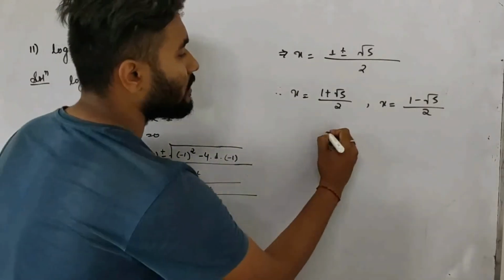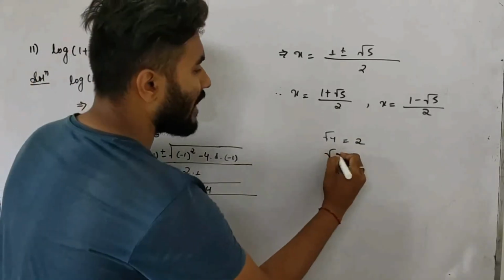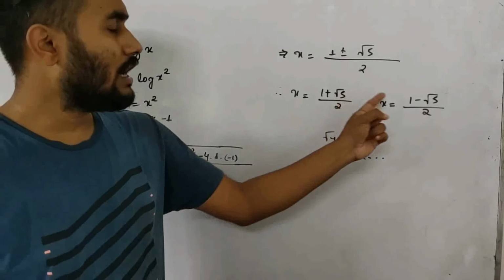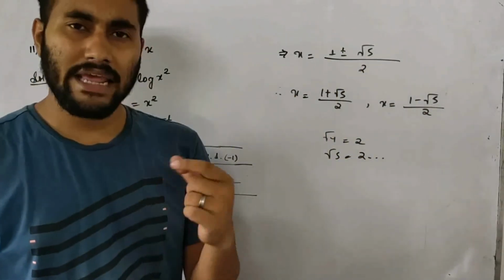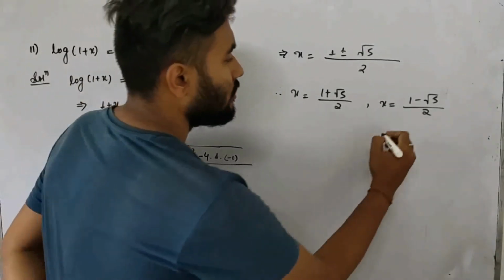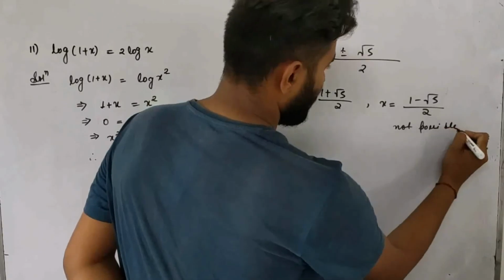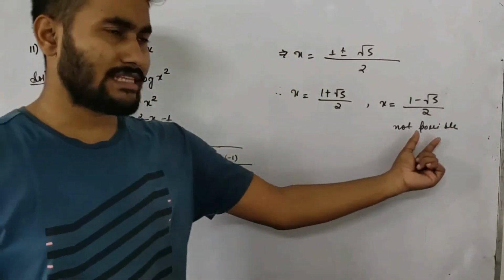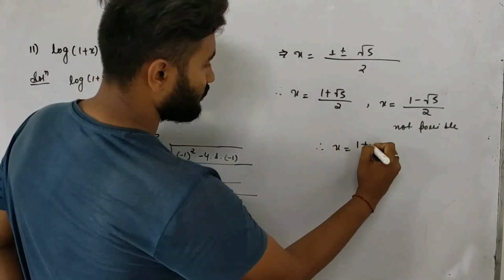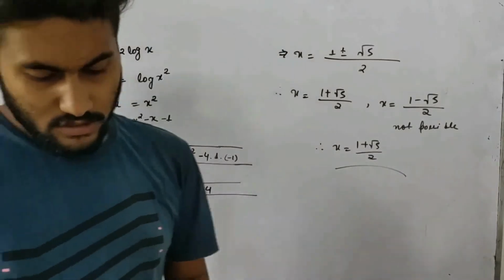Root over 4 is 2, so root over 5 will definitely be greater than 2 point something. And 1 minus 2 point something will be a negative number. Negative number is not possible, or you can write not acceptable. So what is the value of your x? Therefore x is equal to (1 plus root 5) by 2. This is your answer.